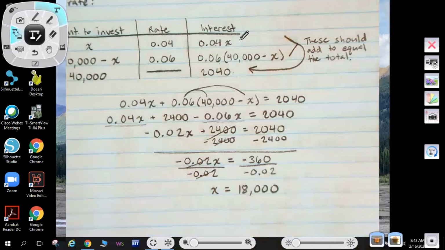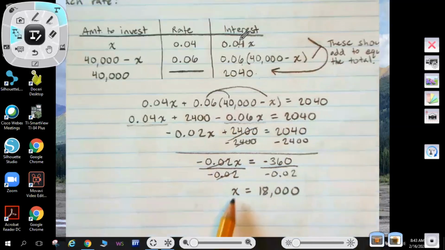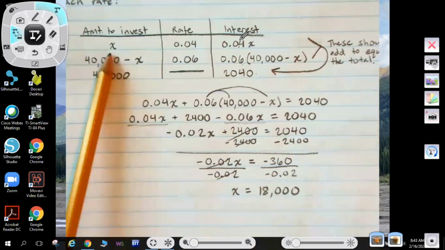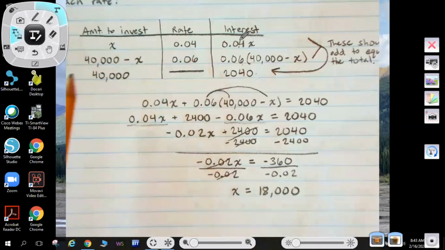So x equals 18,000. Let's go back to our table to see what x represents. X represents the amount that Mark should invest in the account that pays 4% interest.